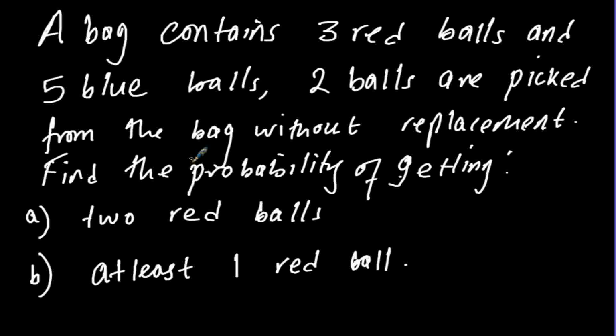Find the probability of getting part A 2 red balls, part B at least 1 red ball. So first, you're going to draw a bag which is having the 3 red and 5 blue.